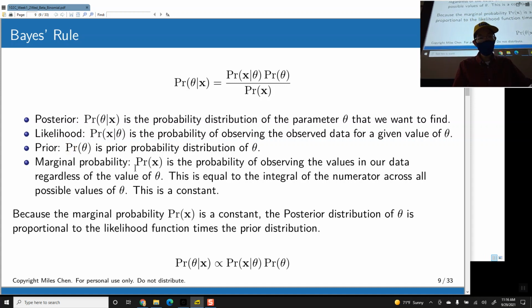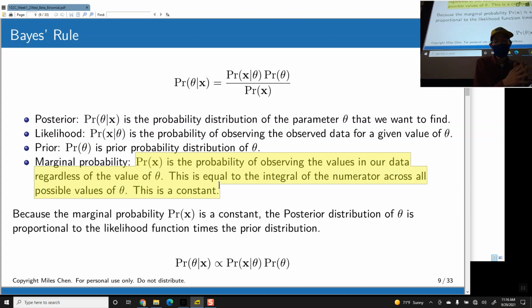The marginal probability is the probability of observing the values in our data regardless of the value of theta. This is equal to the integral of the numerator across all possible values of theta. This is a pain to calculate.